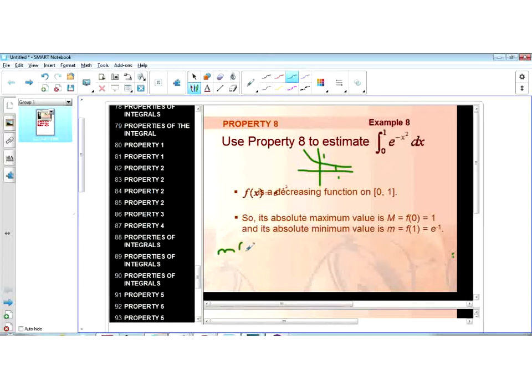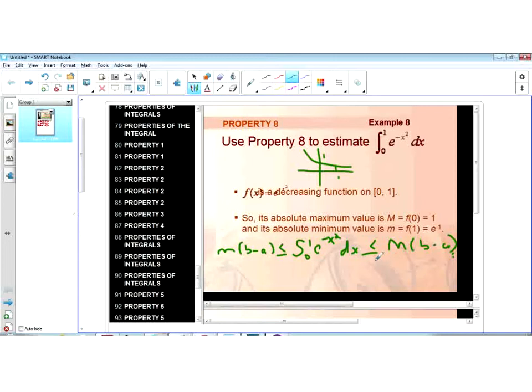So using the theorem, we would have this result by the property.